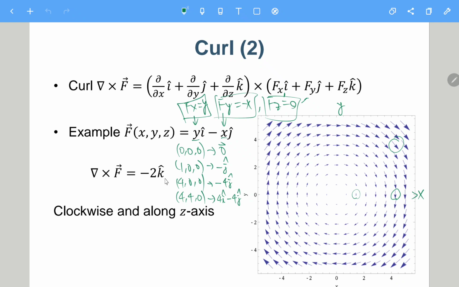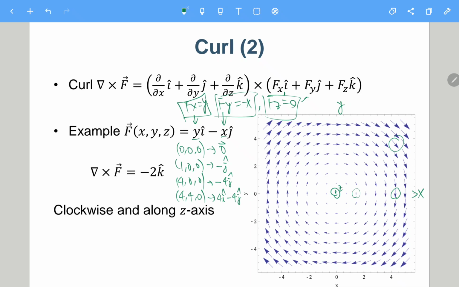So what does negative 2k mean? Negative 2k means it is rotating according to this axis. This is the x-axis, pointing to the right side, and the y-axis pointing upward. Using the right-hand rule, the z-axis is pointing out of the page.